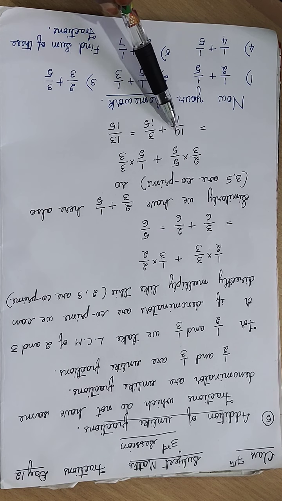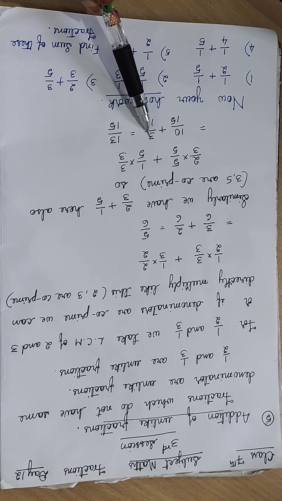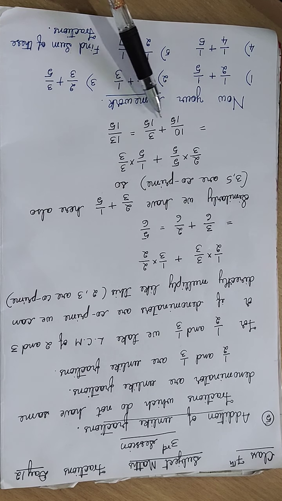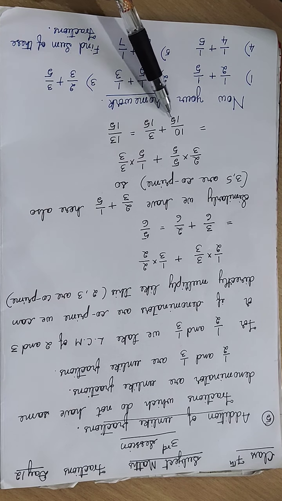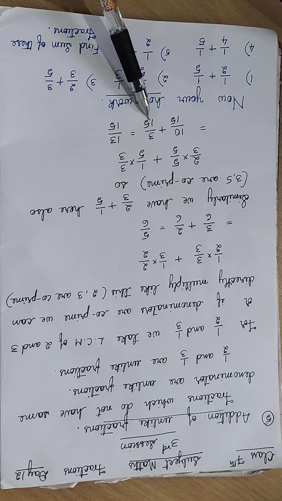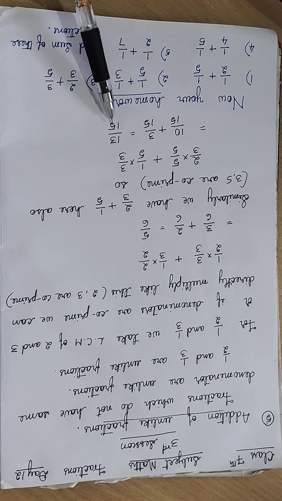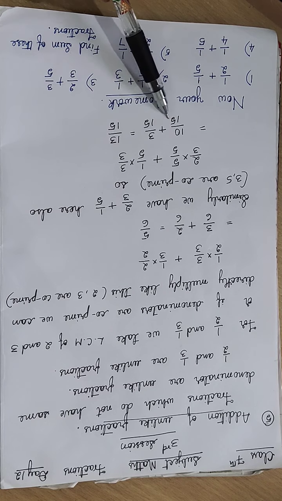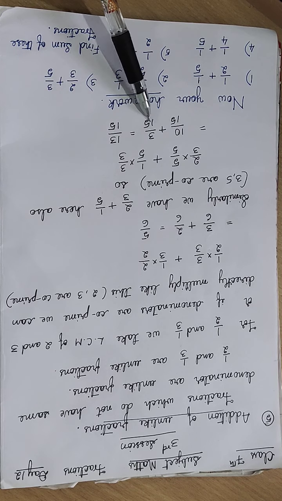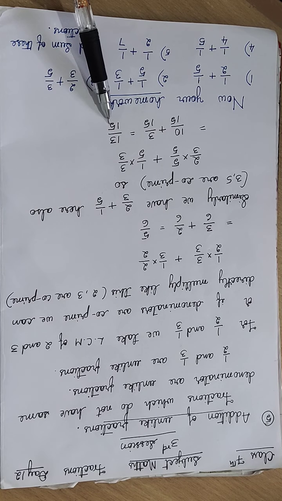So this is 10 by 15 and this is 3 by 15. Now you can see the denominators are the same, so they have been converted into like fractions. When we get like fractions, you can directly add the numerators and write the denominator the same as it is.